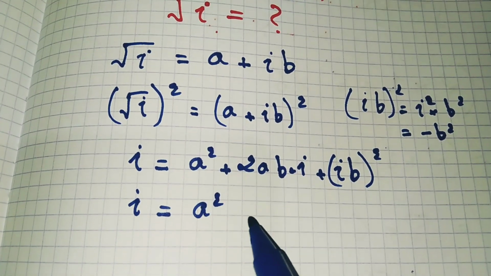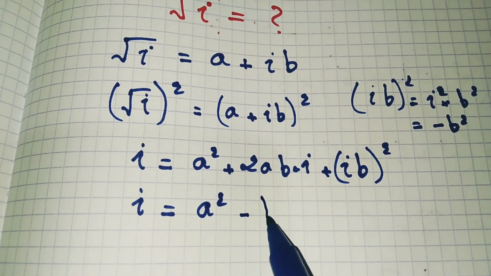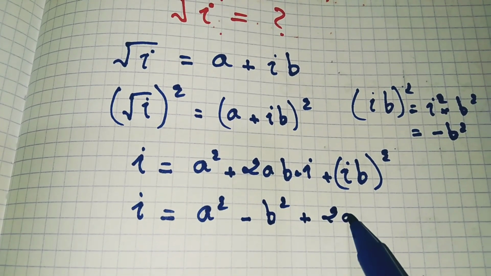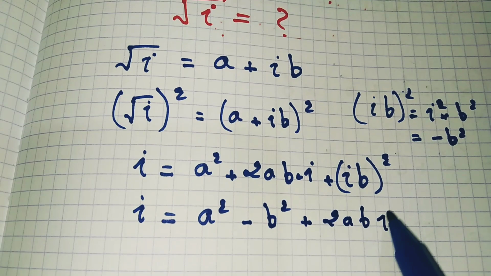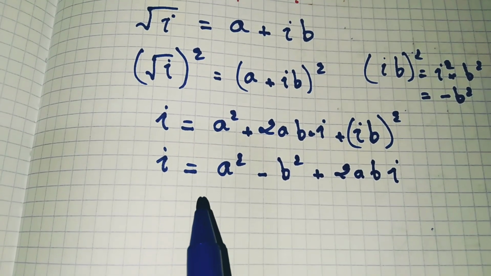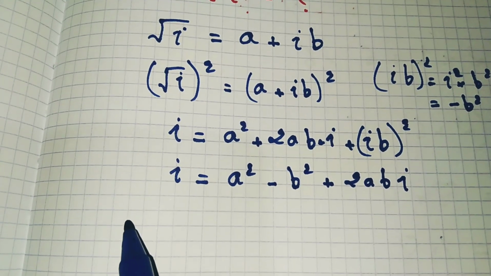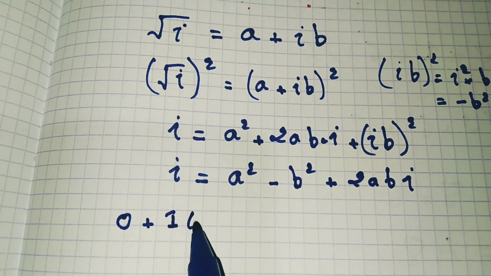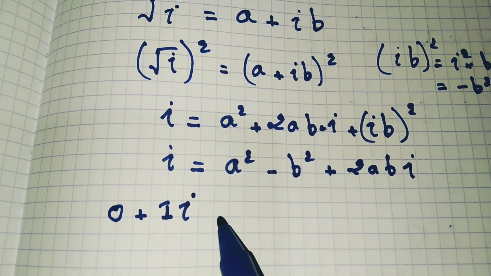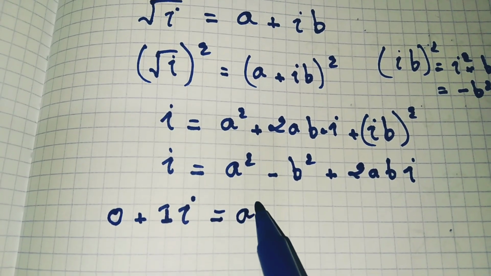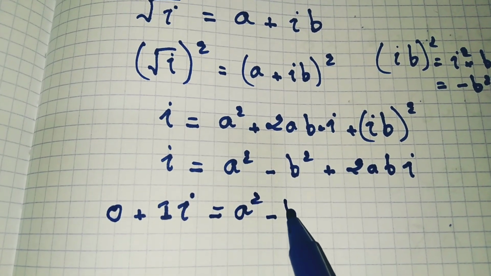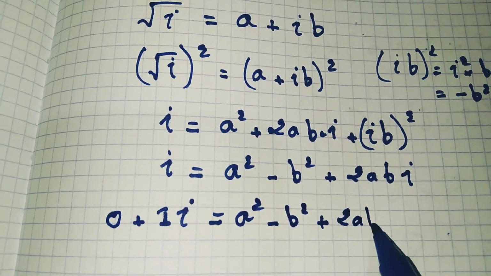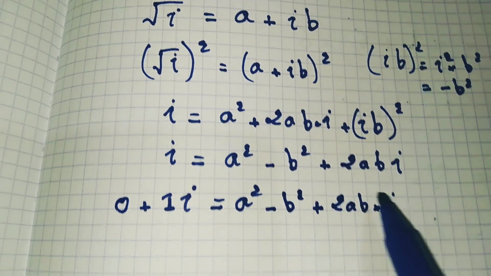So we have a squared minus b squared plus 2 times a times b times i. So i is equal to 0 plus 1 i, which is equal to a squared minus b squared plus 2 times a times b times i.